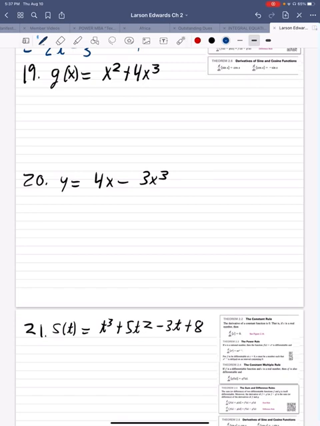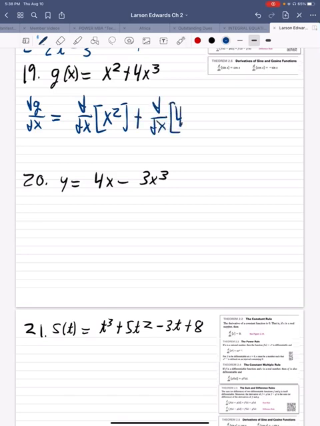Here we have g of x, another sum rule. Here we go. dg dx would be equal to the derivative of both terms individually added up. So this is 2 power rules. You know how to do it by now. 2x plus, this is a constant multiple rule and the power rule.